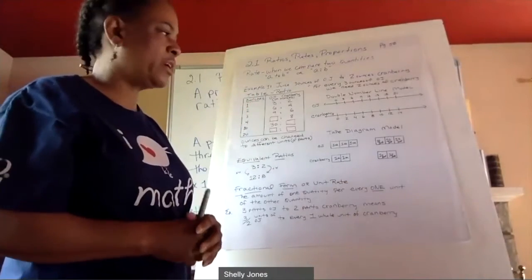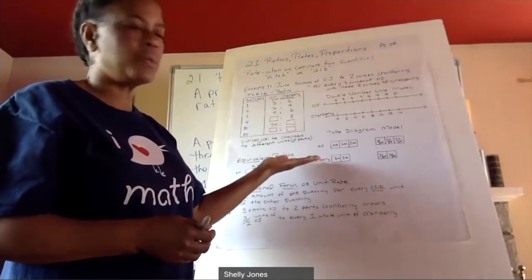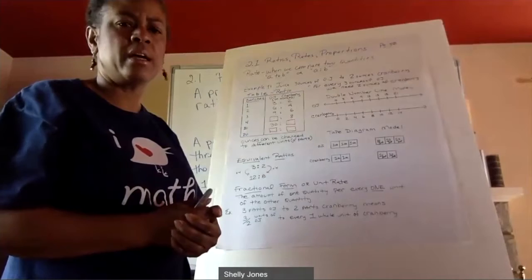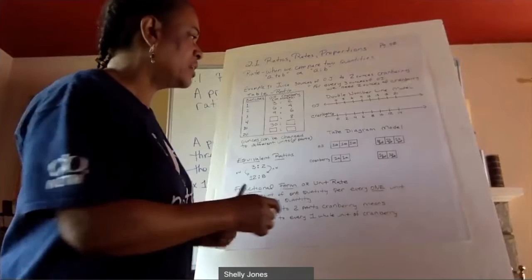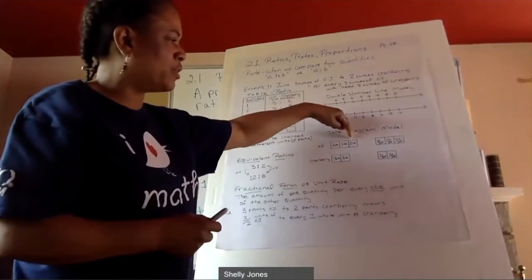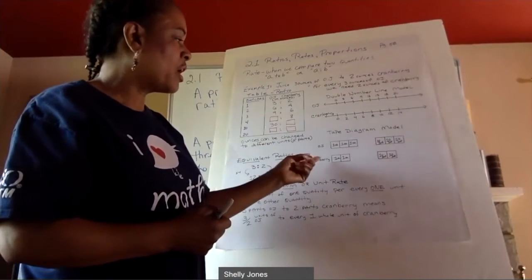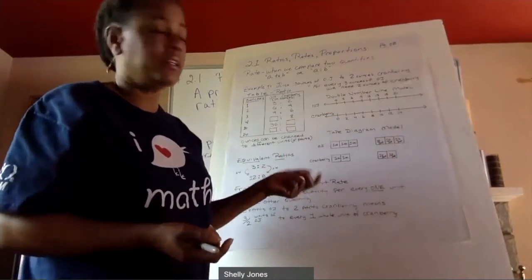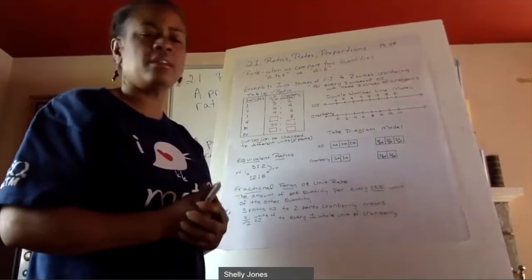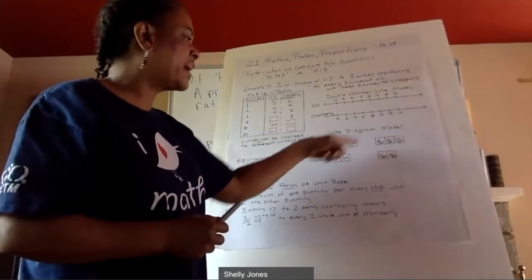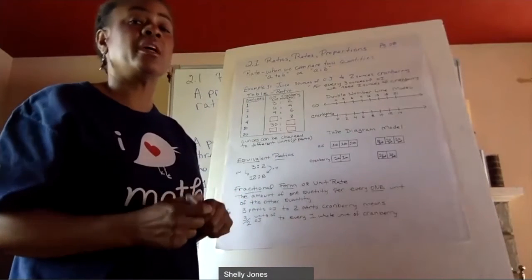When we're talking about ratios and we ask for a model, you can choose one of these models. This is called a tape diagram. It's very similar to a number line, except we put it into a little tape measure kind of thing. So this says I need 3 ounces of OJ for every 2 ounces of cranberry. Or, let's say I wanted gallons, I need 10, 10, and 10 gallons of that. So the idea here is I can change my unit, but the 3 to 2 stays the same.